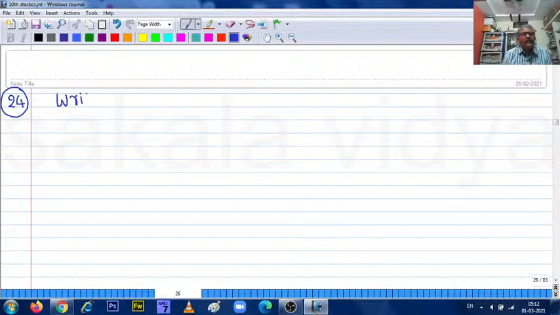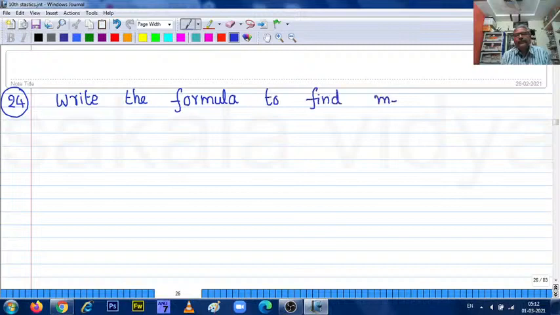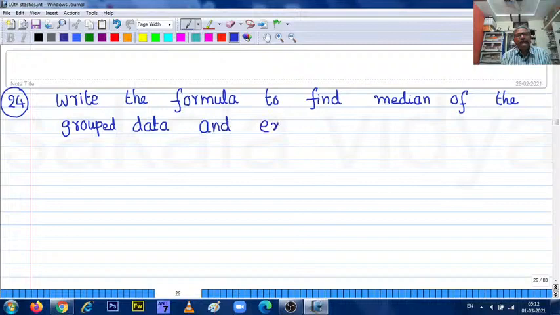Write the formula to find median of the group data and explain each term in it.